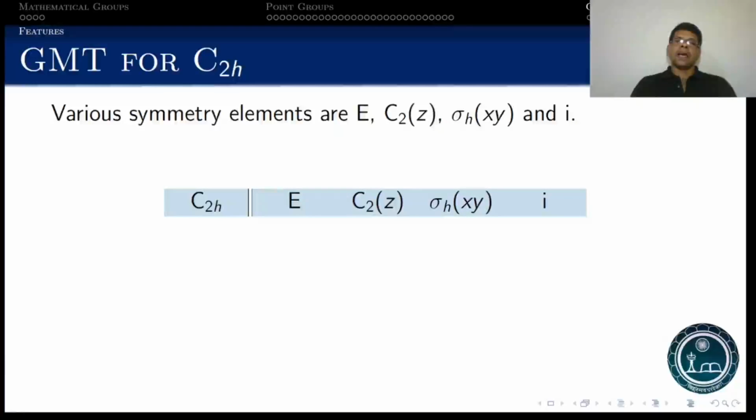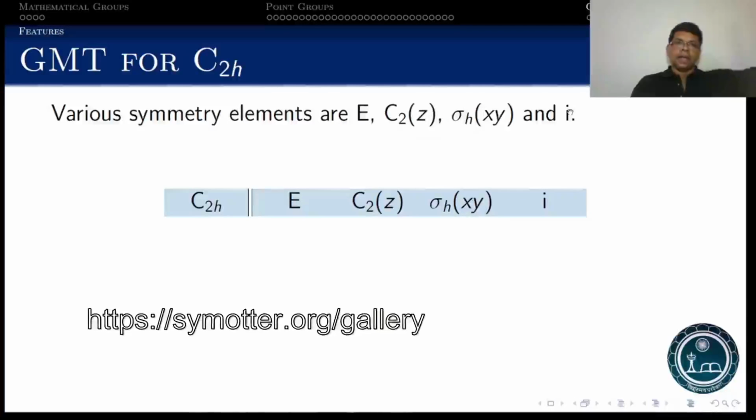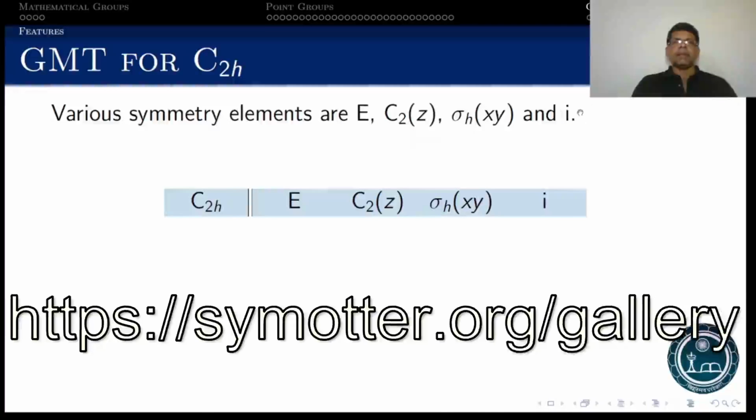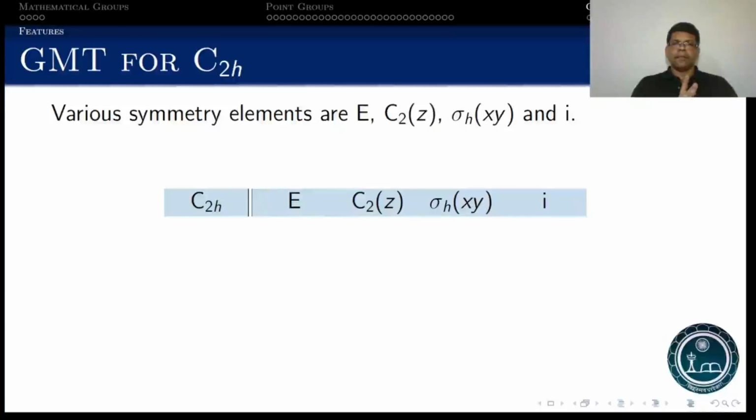One difference is there. Instead of I in C2H, in the case of C2V there is one other symmetry element. That means both C2H and C2V have only a single difference of one symmetry element.